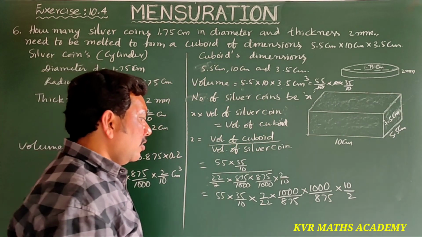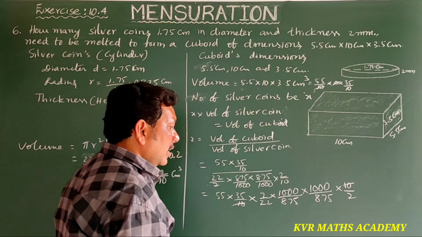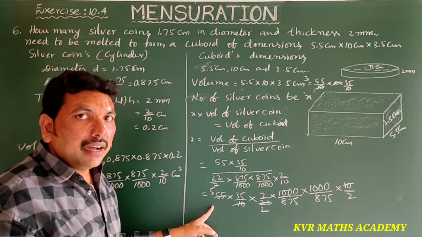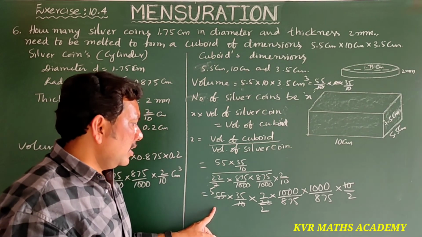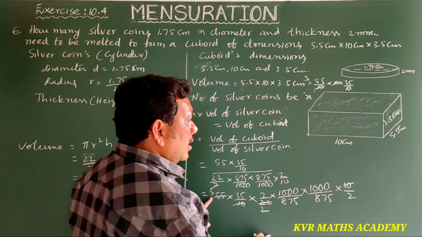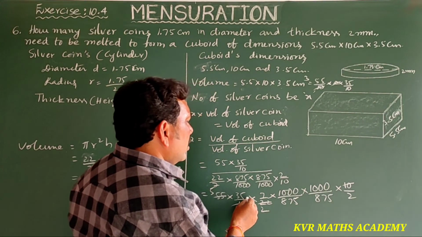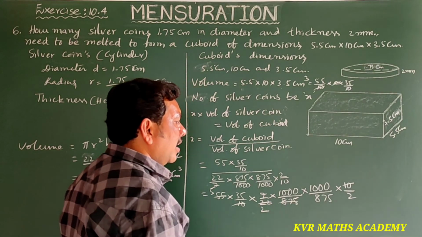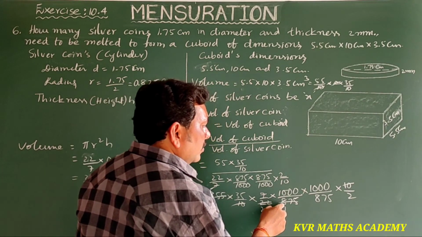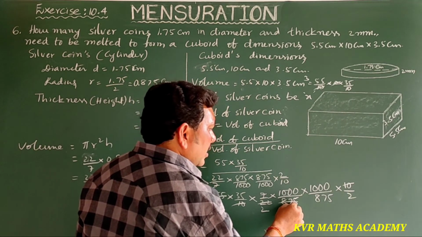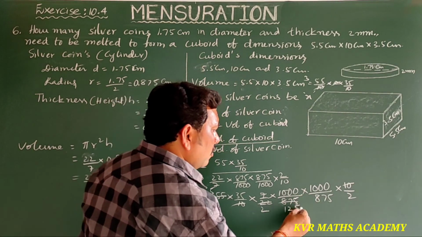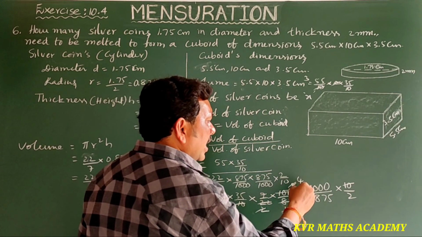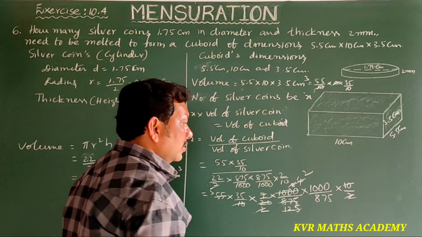Now here 10 gets cancelled. Next, 11 2s are 22, 11 5s are 55. See how to calculate, listen properly. 7 in 875, how many times? 7 1s are 7, 7 2s are 14, 3 is there, 7 5s are 35: 125. 125 8s are 1000, right? Next, 2 4s are 8, 2 2s are 4.